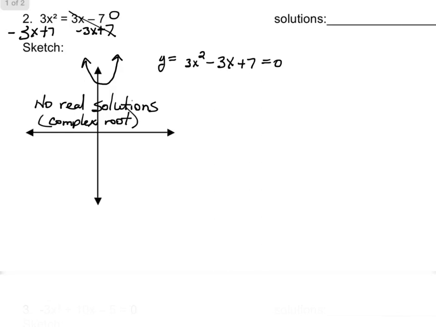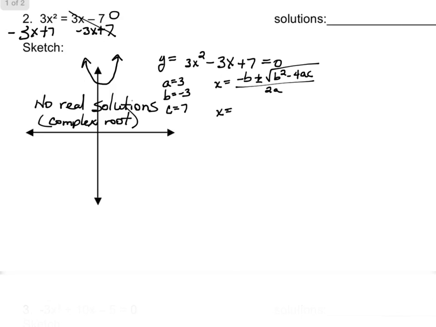So what we do then, a is 3, b is negative 3, and c is 7. Okay, so we're going to use our quadratic formula. x equals negative b plus or minus the square root of b squared minus 4ac, all of that over 2a.